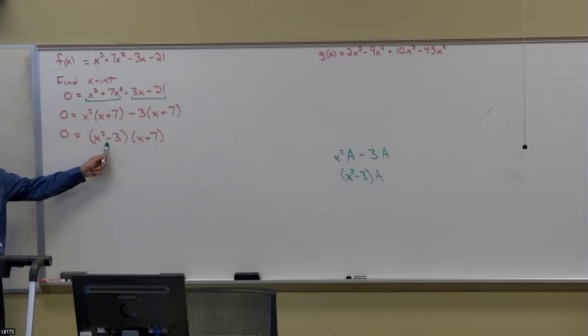Now, if this was a messy thing, then I may try to factor it more. But for right now, this is a pretty easy thing to deal with, x squared minus 3.